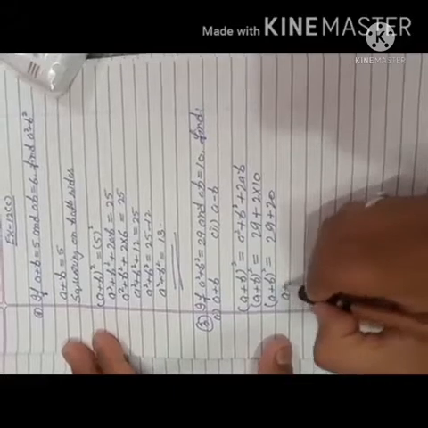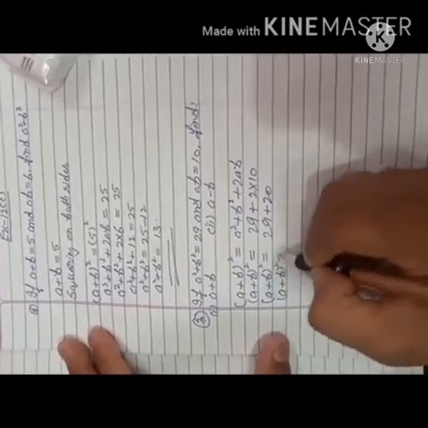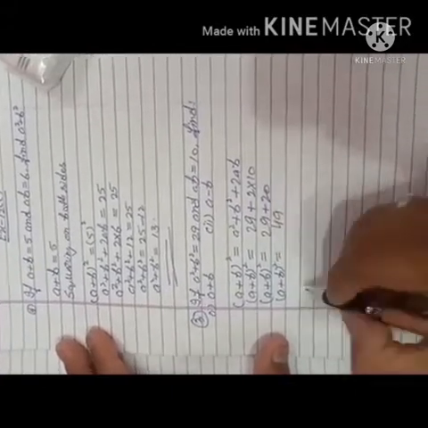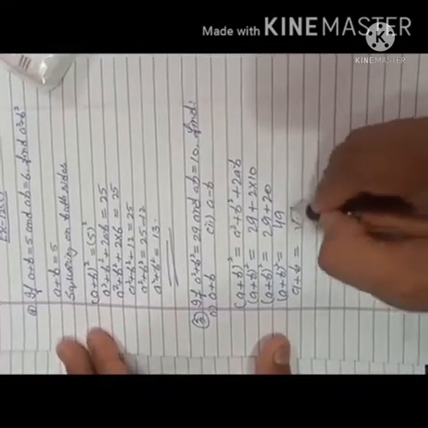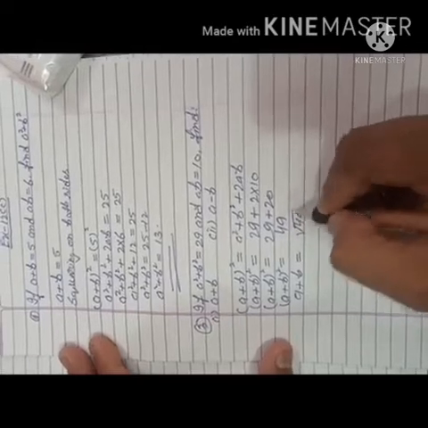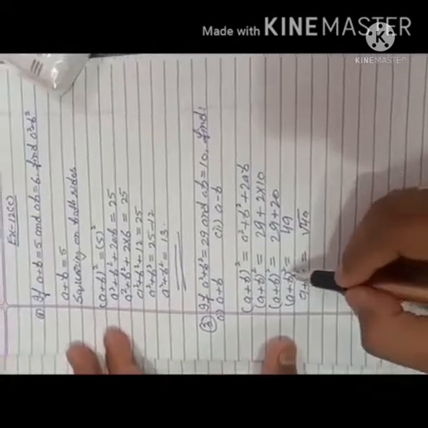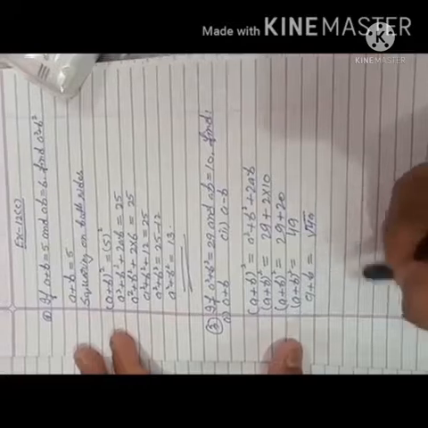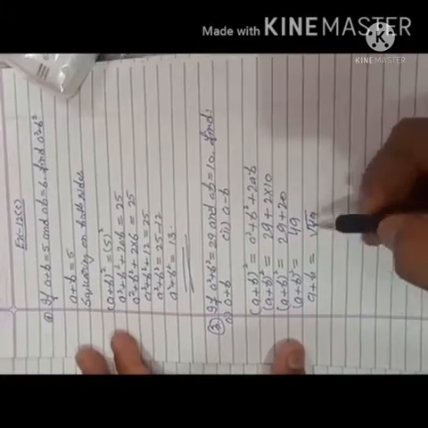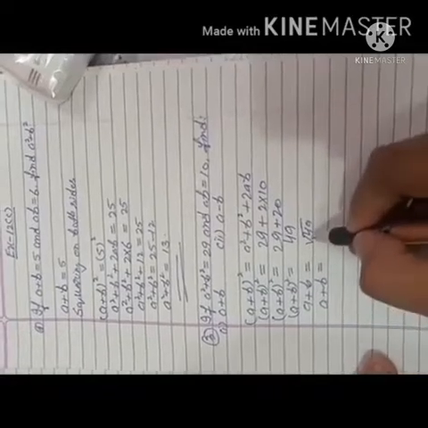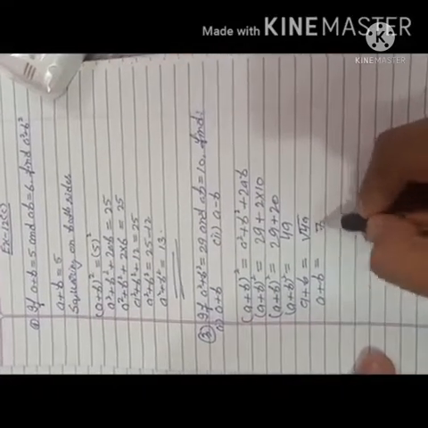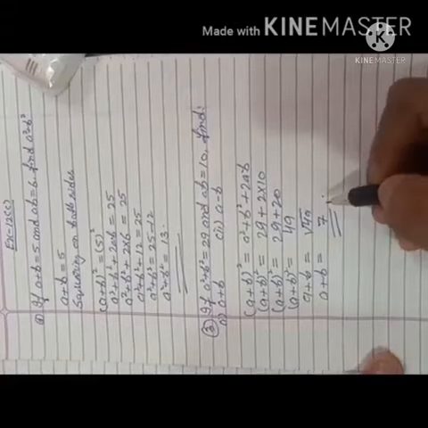So a plus b whole square is equal to 49. So a plus b is equal to under root 49. As you already know, when we remove the square from the LHS, the RHS value comes inside the root. So a plus b is equal to square root of 49, which means 7. So the answer is 7. Now move to the second part.